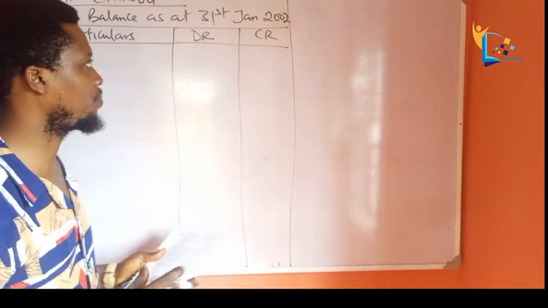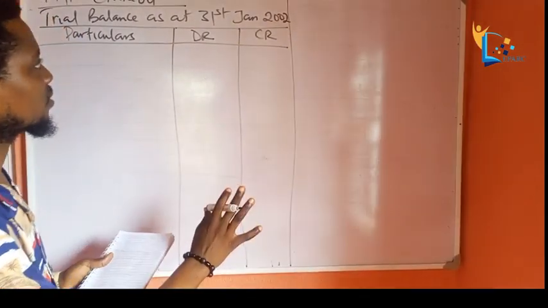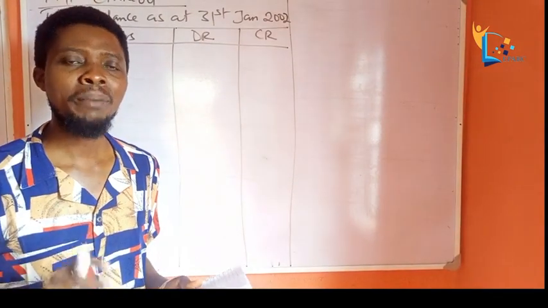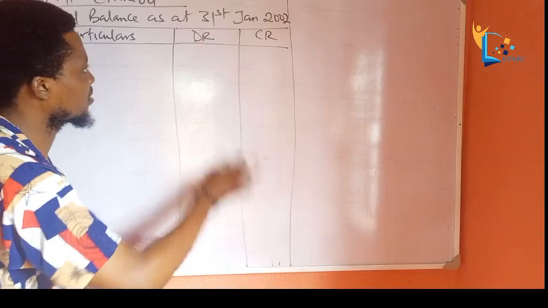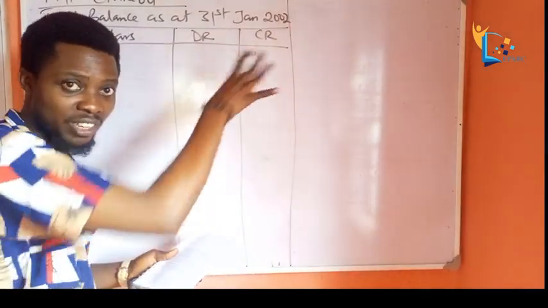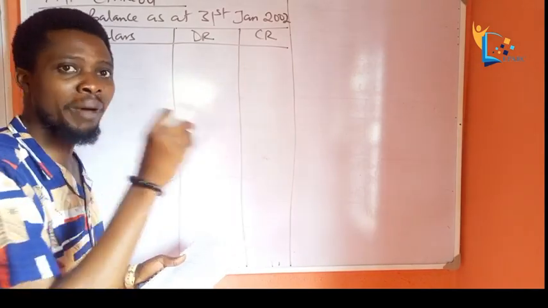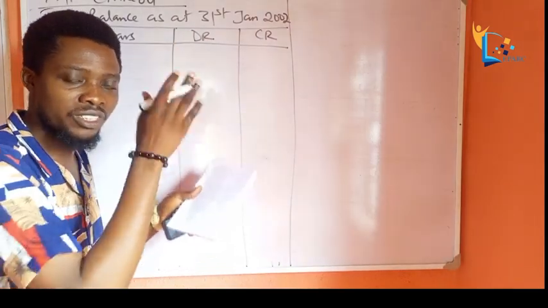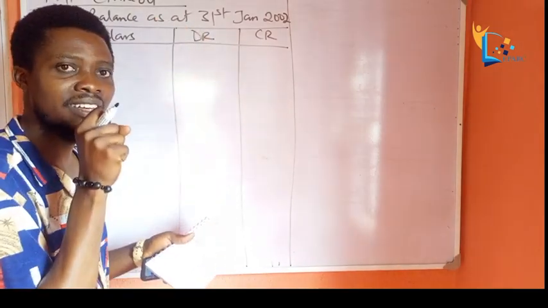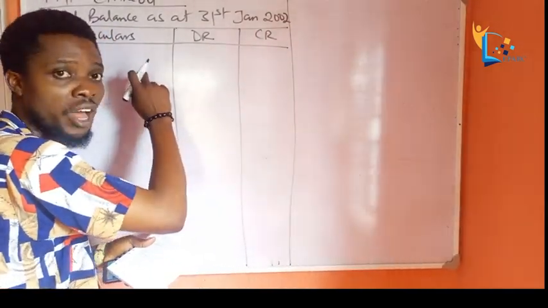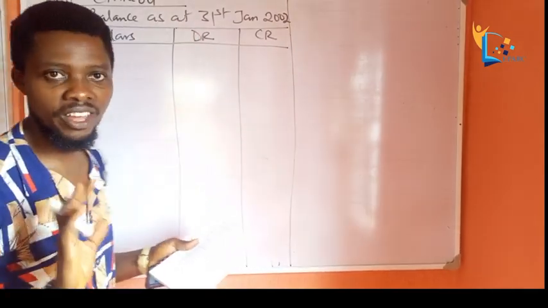Okay, are you ready? All right, this is the trial balance. Remember I told you in our previous classes, trial balance is the list of balances extracted from the ledgers, these ledgers we just concluded now. Those balance brought down, where they are located? If the balance brought down is on the debit side, pick that amount, come to the debit side of the trial balance and record it there.